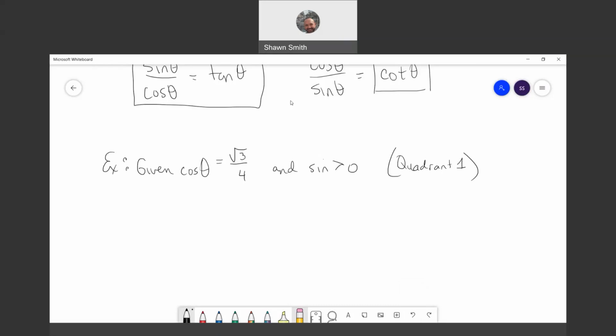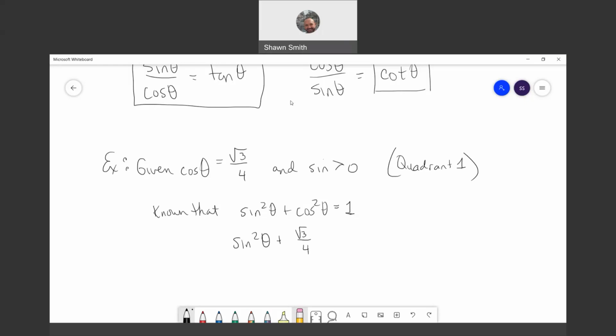It's known that sine squared theta plus cosine squared theta equals 1. You're given cosine, so I can solve for sine, right? The value of cosine is square root of 3 over 4.